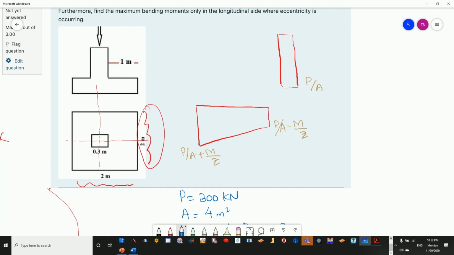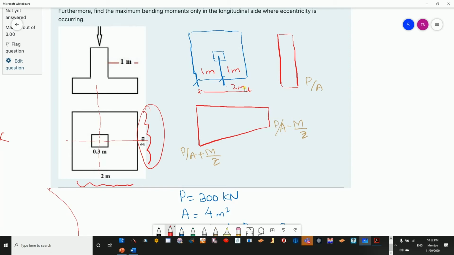If it's a regular concentric foundation, we have a foundation and a column at the same center, the center of the foundation and the center of the column. So if this is 2 meters, then this is 1 meter to the center of the foundation, and 1 meter to the center of the column.